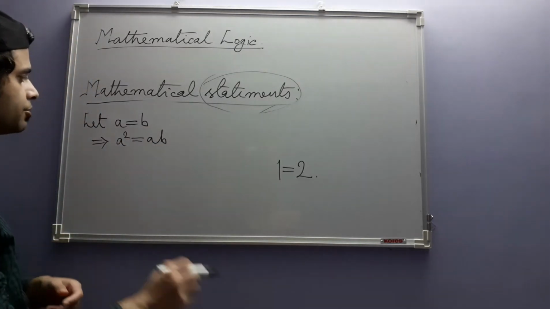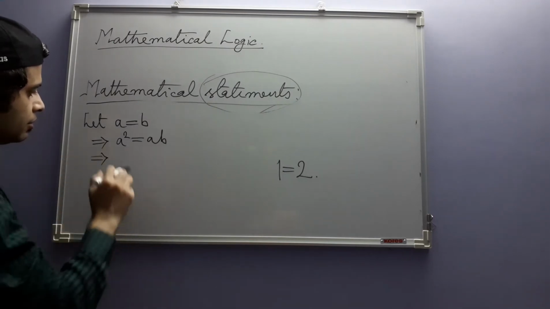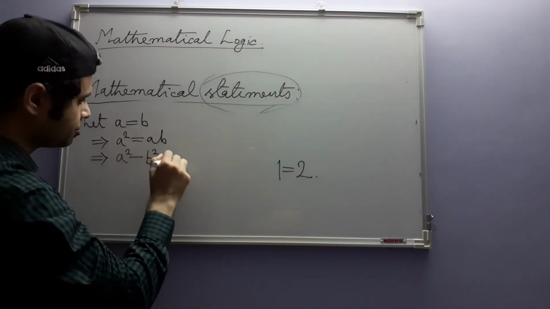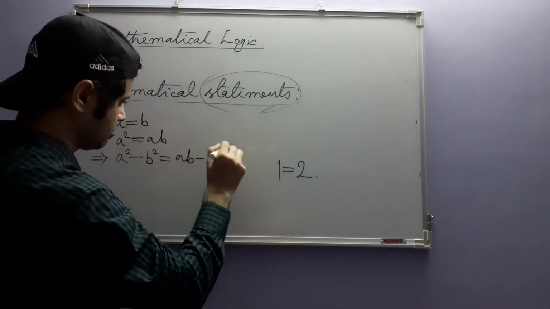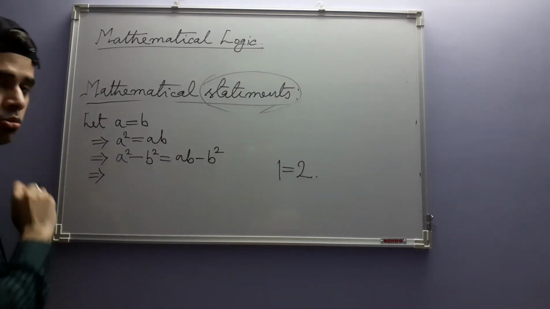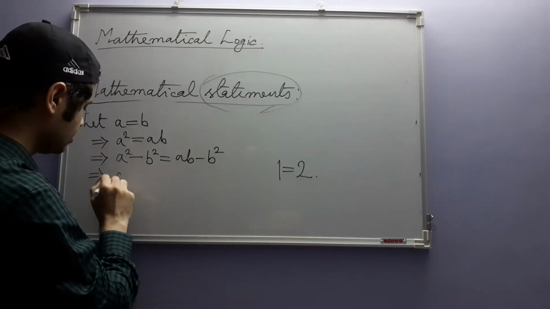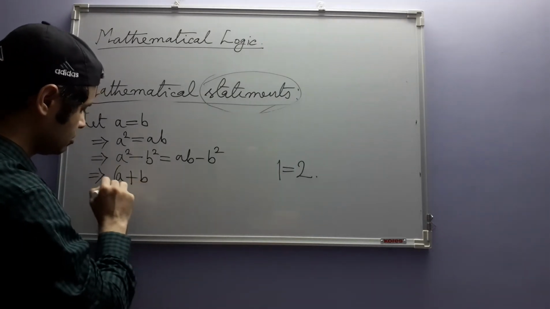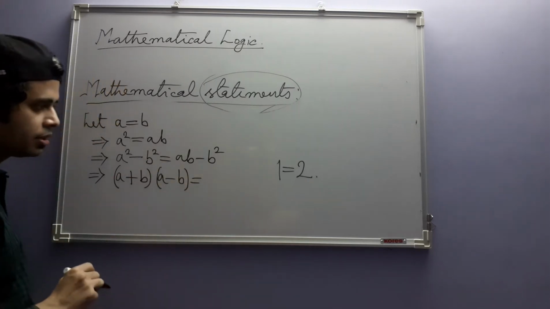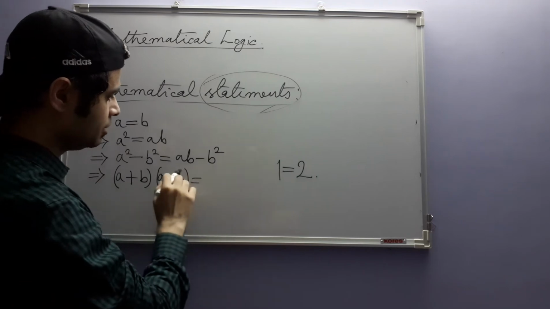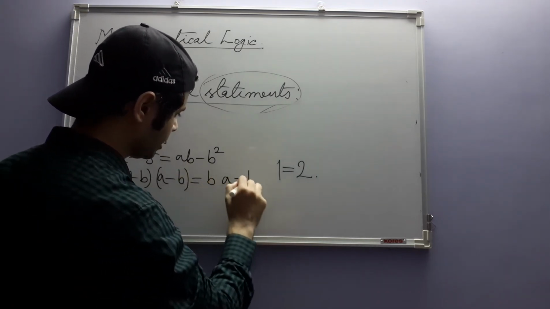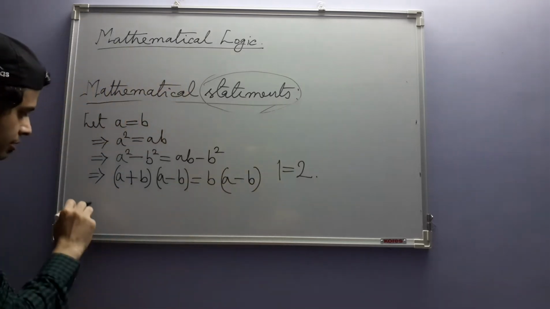Now I can subtract B square from both sides. From school algebra we get this is equal to A plus B times A minus B. And if you take B common out, because there is B in both the terms, then we get B times A minus B.